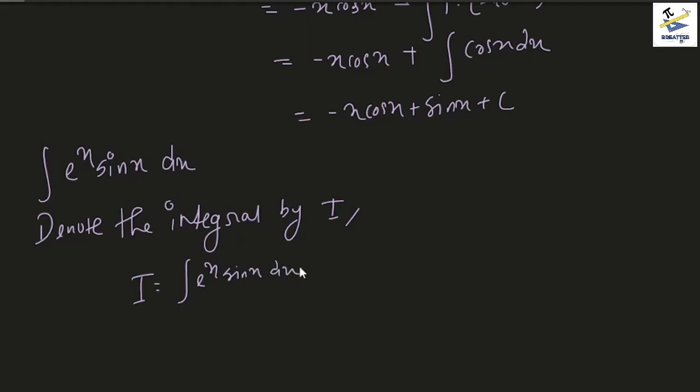Now if you remember the rule ILATE, e, that is for exponential functions, came last. So obviously e to the power x is going to be the second function here, and sin x is going to be the first function.